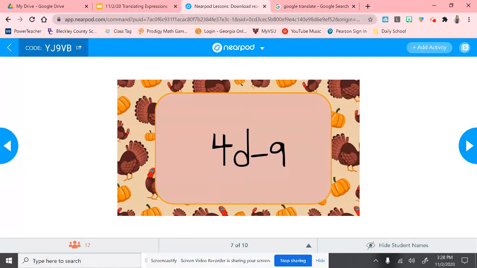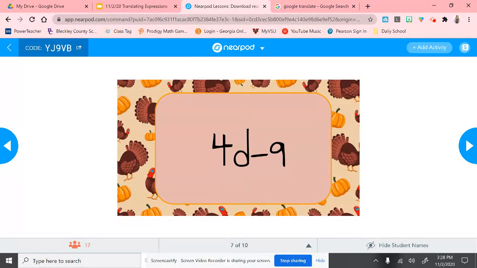On our word wall we have variable and we have coefficient. We also have terms. What would the terms be? All of them. What's a term? 4D is the chunk. So 4D is a term. And what else? 9 is a term. If you look at our word wall over here, it'll show you that each piece is a term.